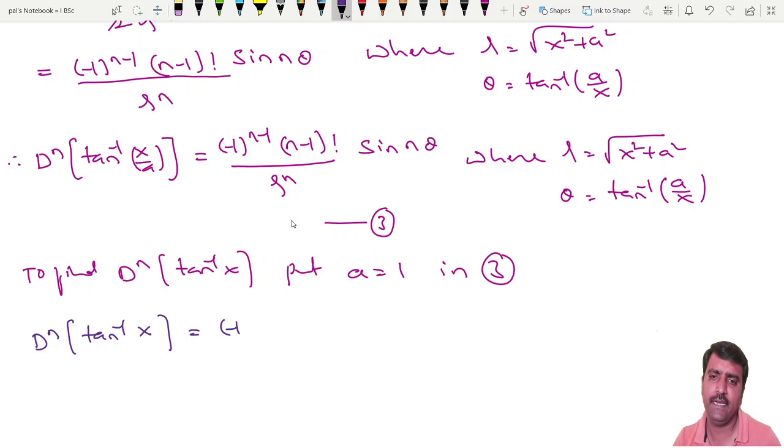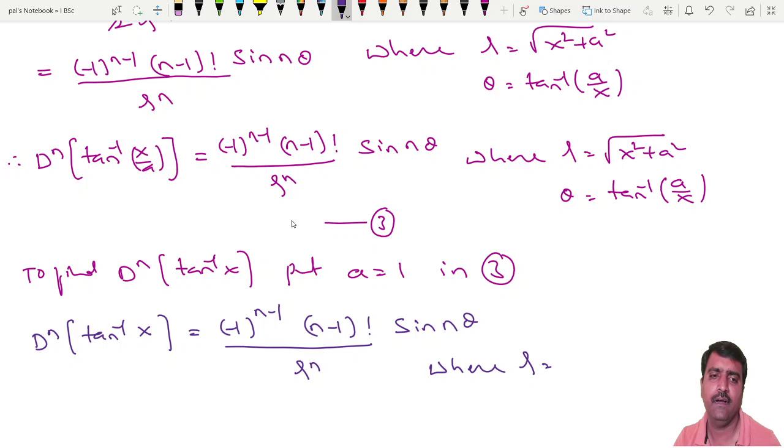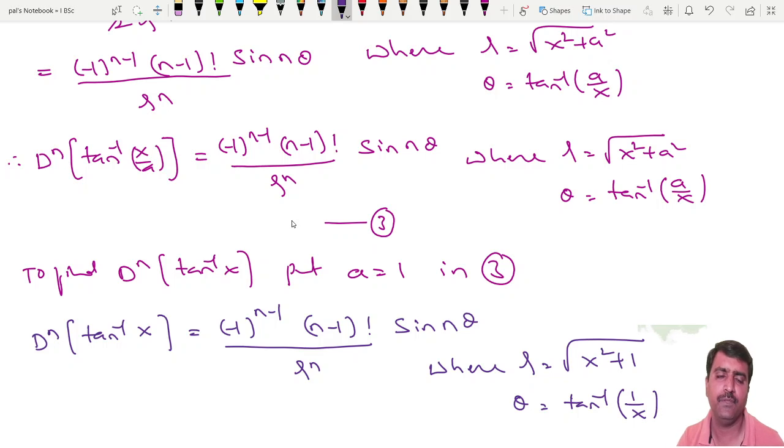This is equal to, on the right hand side also we take a is equal to 1: (-1)^(n-1) (n-1)! divided by r to the power of n into sin nθ. This does not alter, but here it changes: r is equal to square root of x squared plus 1 squared, because a is 1, and theta is equal to tan inverse of 1 by x.